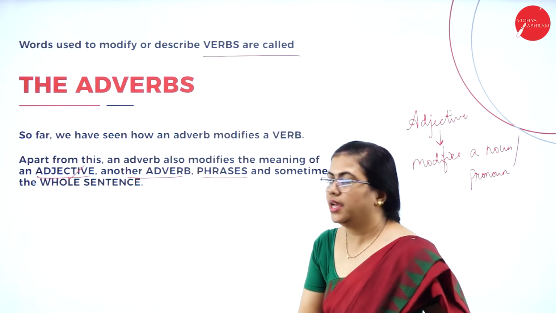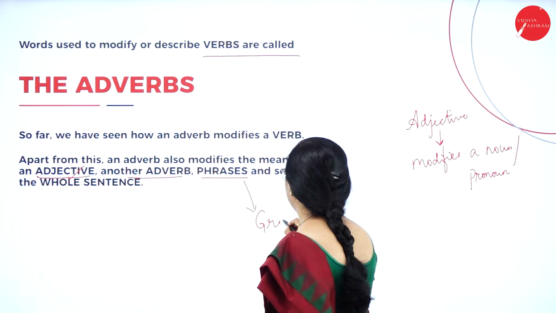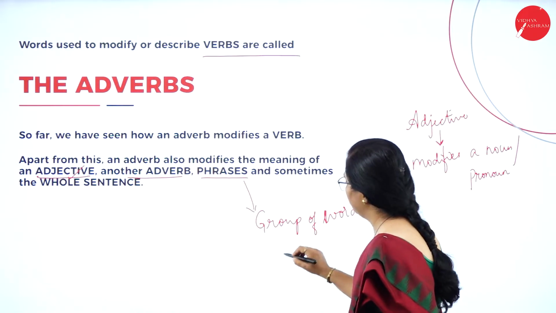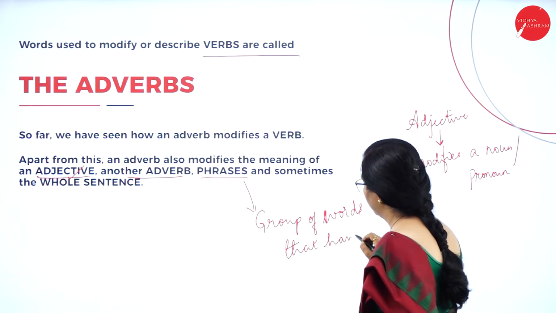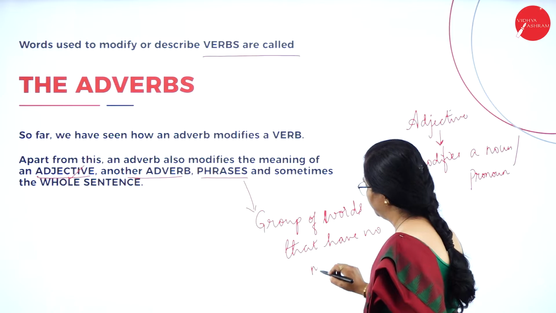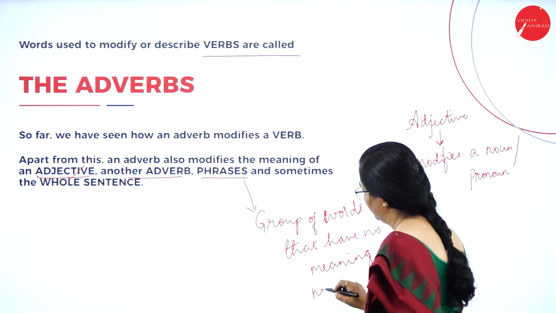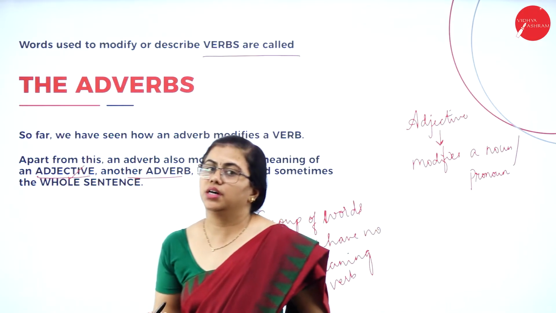What is a phrase? A phrase is a group of words that have no meaning on their own, and also no verb in them. Phrases will not have verbs in them.